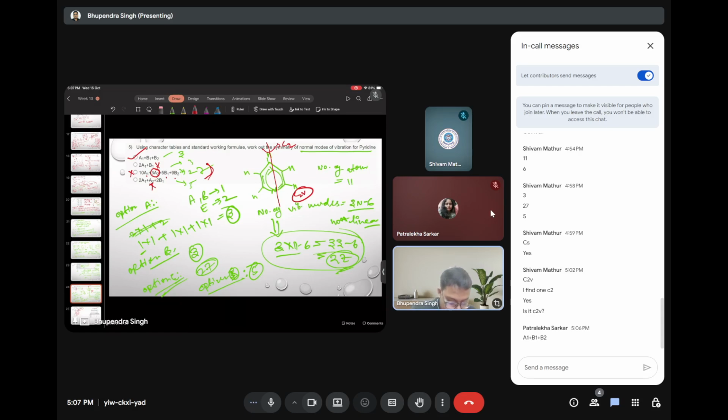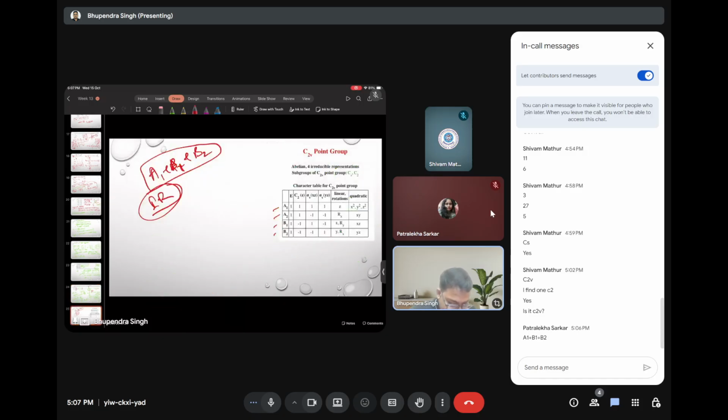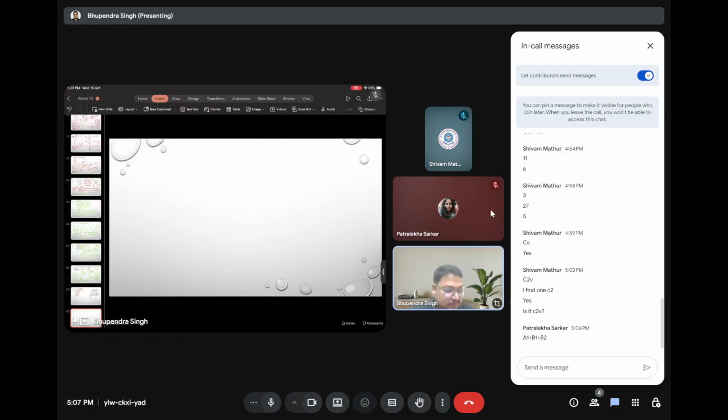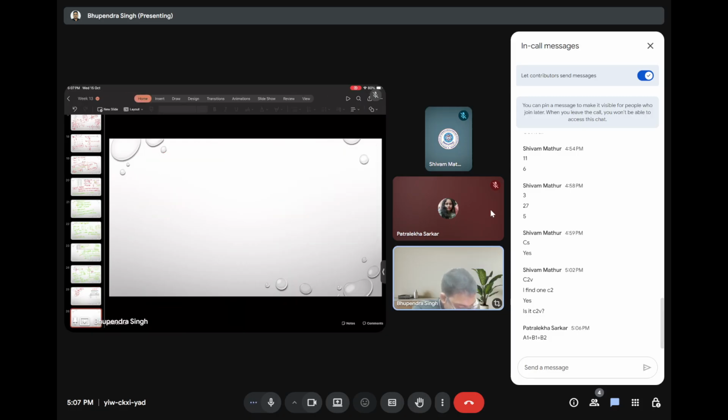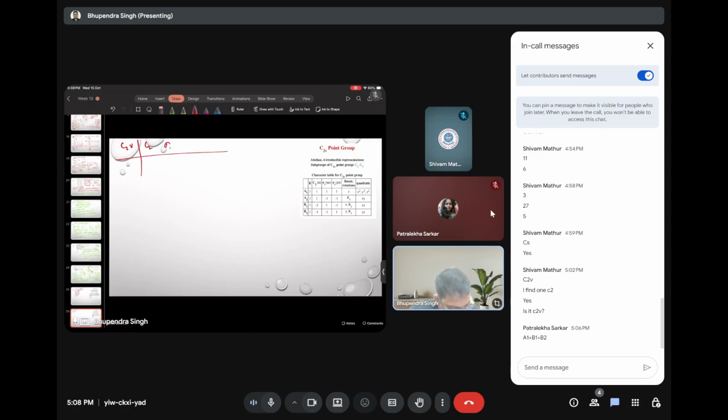This you know how to do, but we can also do it. We need the character table of C2V: E, C2, sigma v, xz, yz.